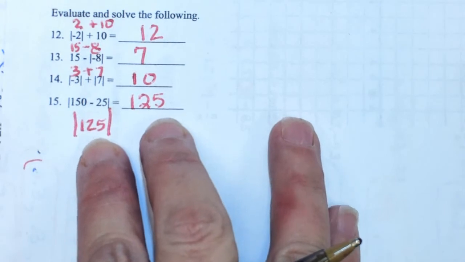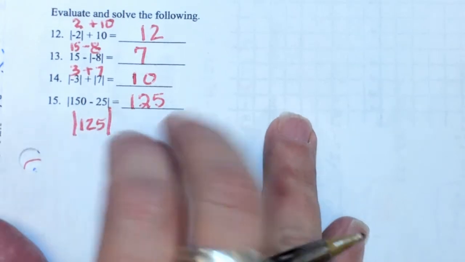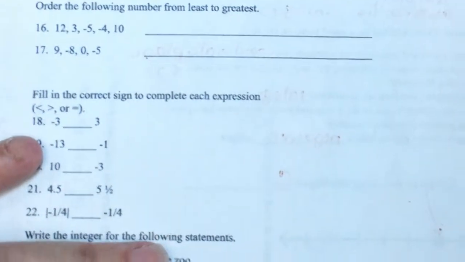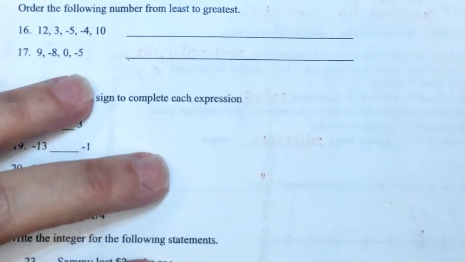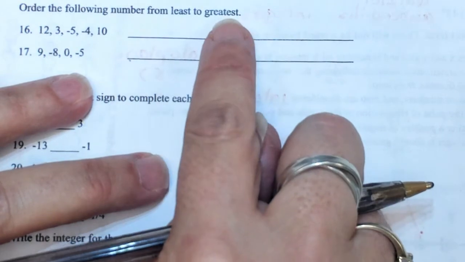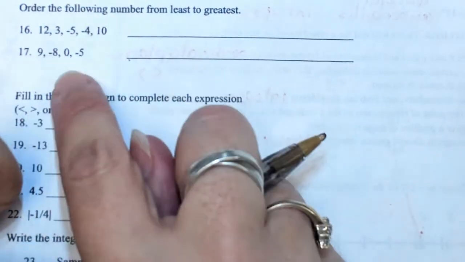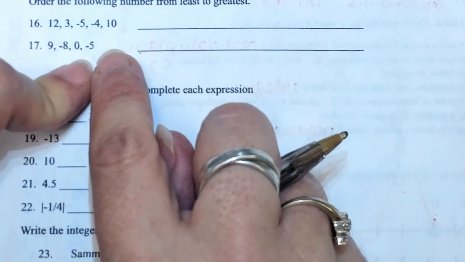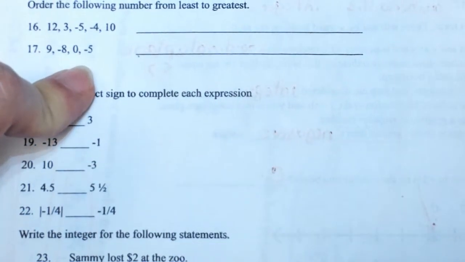So, okay. Now, flip it over to the back. Here we go. These are more like tomorrow's test. Ordering least to greatest. The only difference is we might have a number like 1/2 or 3/4 or something. So here we go. Least to greatest.